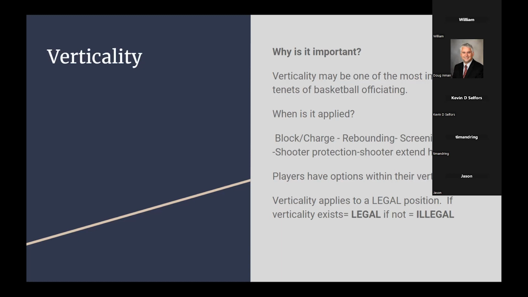So again, we're looking at what's legal and what makes that illegal, even though they're still facing them. But if they're going from point A to point B, they've got a problem. If they're going from point A to point A, then you've got good verticality. Again, some things that help you make that decision with more foundation.